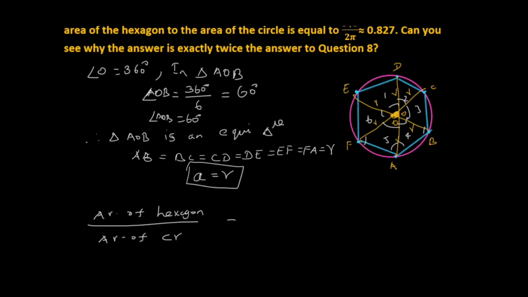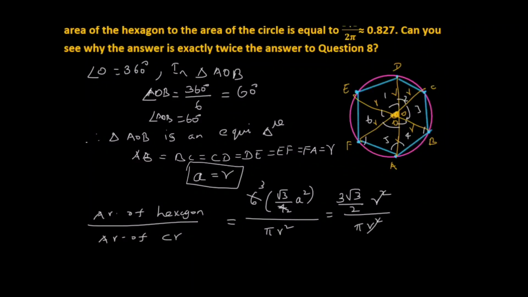So what is the area of the hexagon? 6 equilateral triangles are there. So 6 times root 3 by 4 a squared is the area of the regular hexagon, divided by pi r squared. We can cancel 6 and 4. 3 times 2, which is equal to 3 root 3 by 2. Replace for a, because that is the relation. No? We got the relation a is equal to R. So we can replace that.